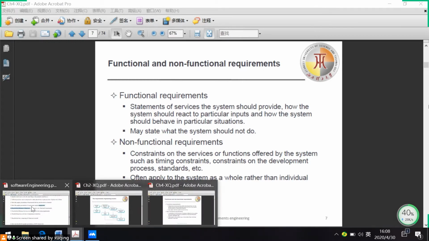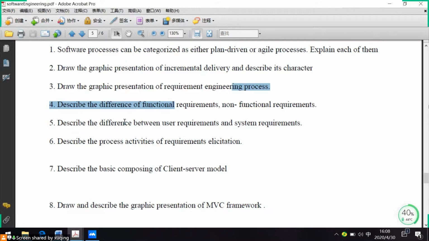And the next one is about the difference between user requirements and system requirements. This is also in the 4th chapter.